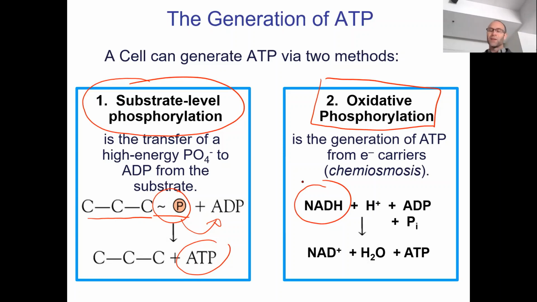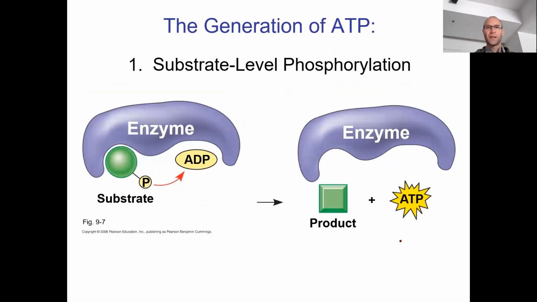We're going to think of that as an electron carrier. And that electron carrier is going to bring those electrons to the electron transport chain. A whole bunch of interesting chemistry is going to happen. And in the end, we're going to take this phosphate and this ADP. We're going to put them together and make ATP. So I'm not sure if we're quite going to get to that today, but we'll see where we get.